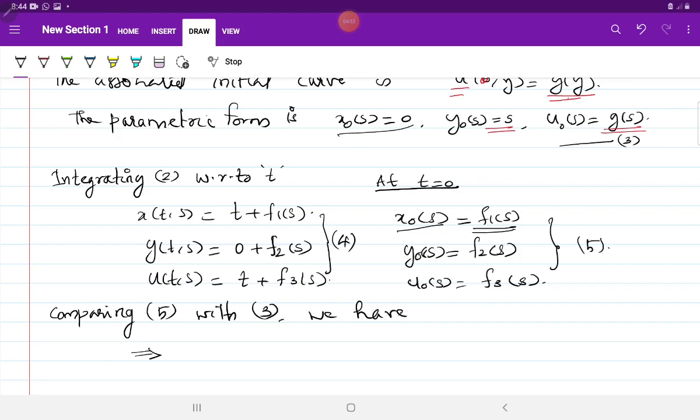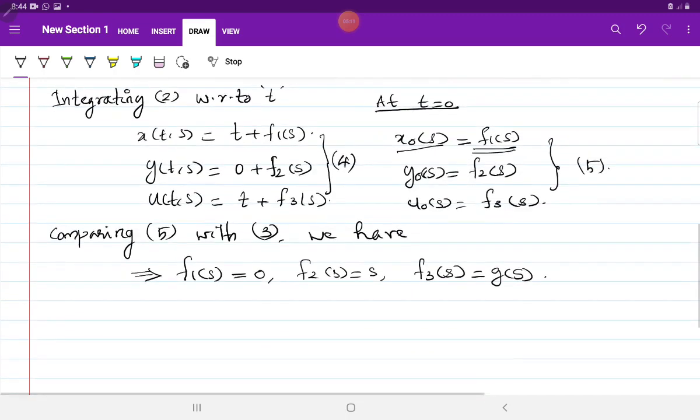We can find the functions in terms of s: f1(s) as 0, f2(s) is s, f3(s) is u_0(s), and from equation 3 it is g(s). So these are our functions f1, f2 and f3 respectively.